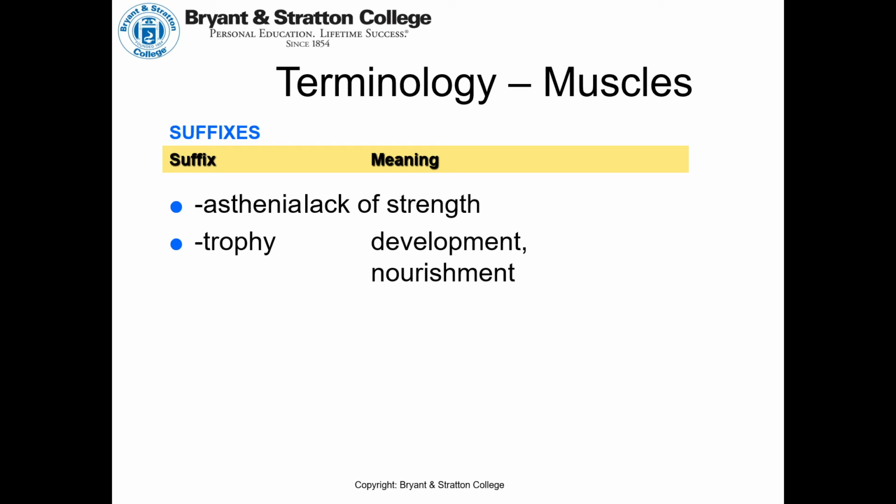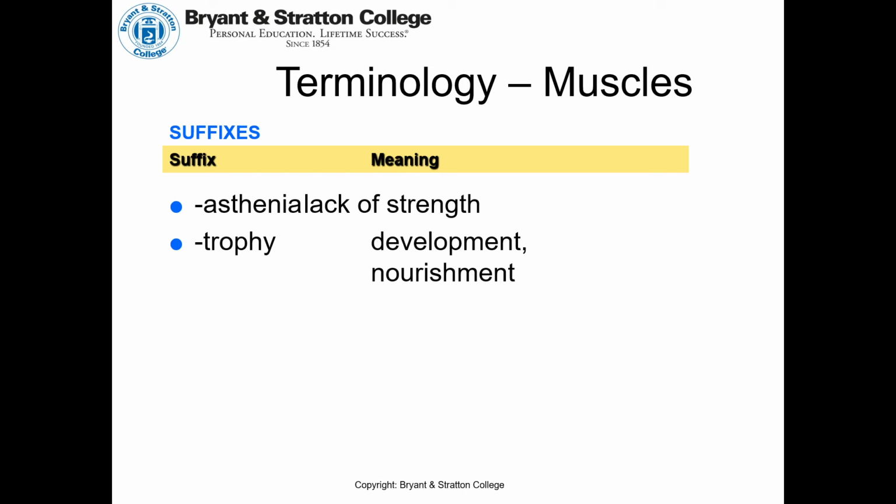Asthenia, or lack of strength. And then trophy, as in atrophy or hypertrophy. If you combine trophy with the prefix a, atrophy is the exact opposite of the meaning here. A essentially means without, so you would be saying without development, without nourishment. We typically describe atrophy as muscle wasting, right?